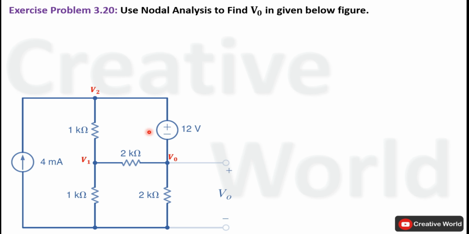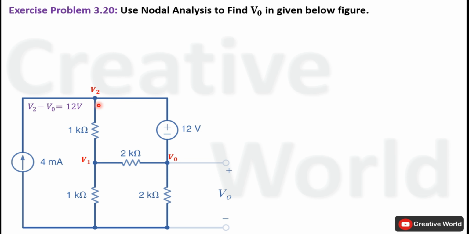Now, as we discussed earlier, we have to merge this voltage source to its adjacent node voltage. First of all, we will write the equation for this voltage source. This voltage source is equal to the potential difference between these two node voltages. We are considering that node voltage V2 is at a higher potential than V0. So their potential difference equation will be V2 minus V0 equal to 12 volt.